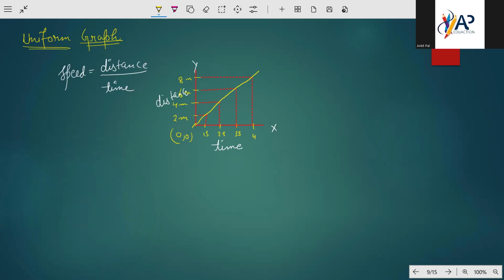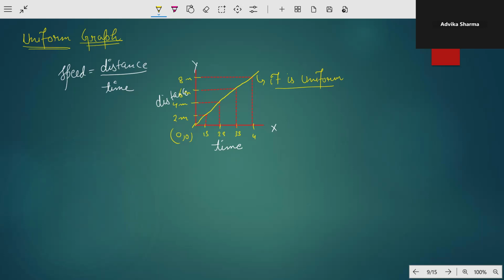It means this graph is uniform. Why is it uniform? Because equal distance is covered in equal intervals of time, right? Every 1 second, the object covers 2 meters, right?